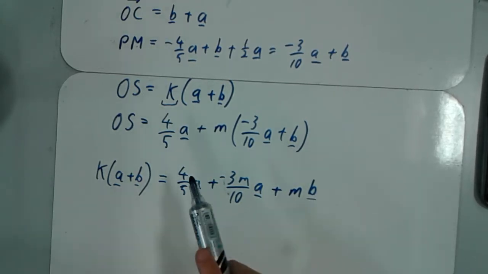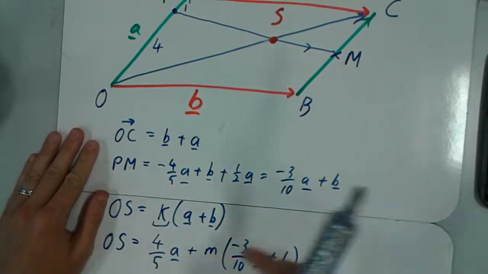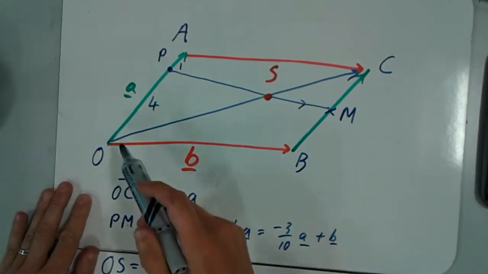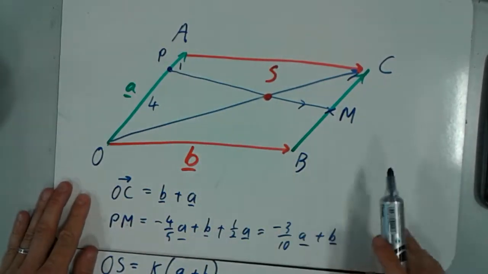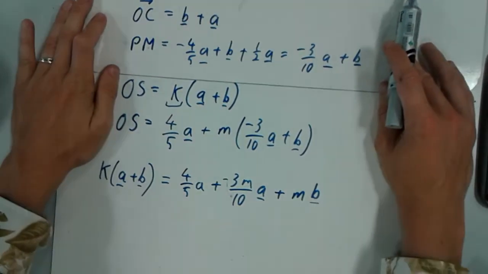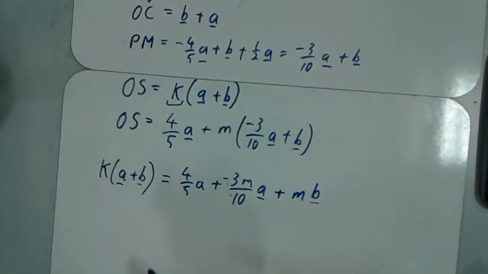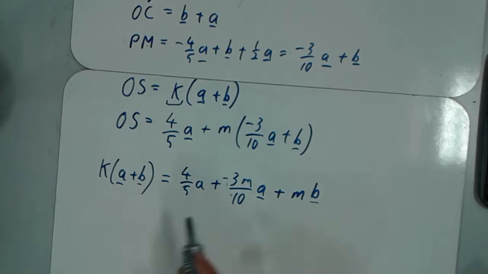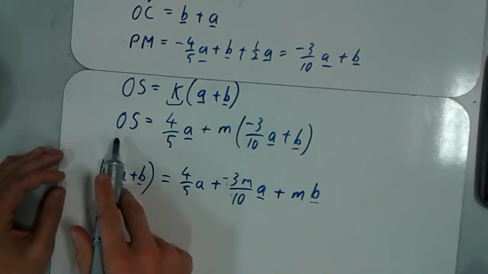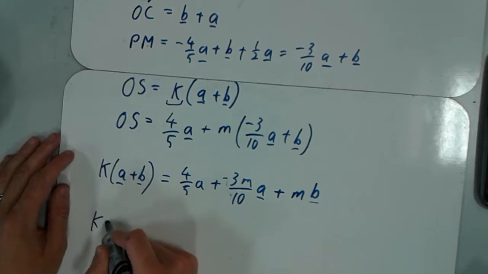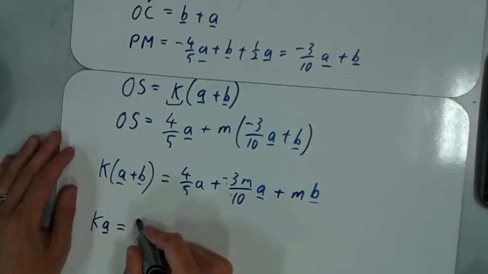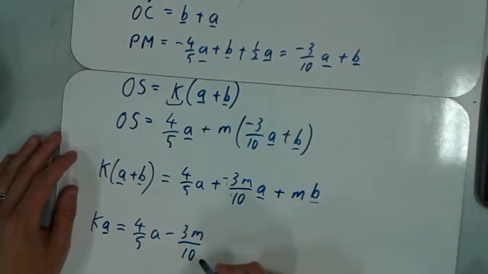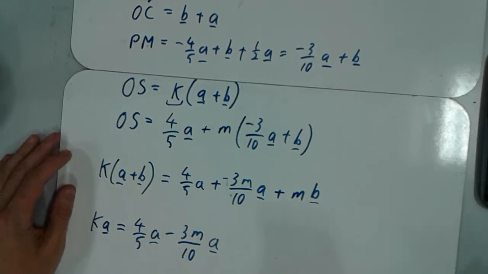However, we do know that the only way to move across in this question is by travelling along B. Similarly, the only way to move up in this question is to travel along A. We know they must both move up and across the same amount. So what we can say is that these up parts, the A's, must be equal to each other because they both started at O and both finished at S. So kA must be exactly the same as 4/5 of A minus 3m tenths of A. They must be the same.